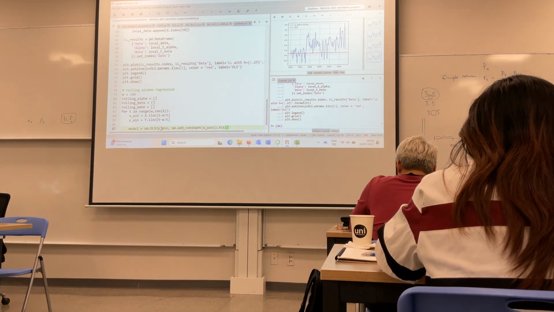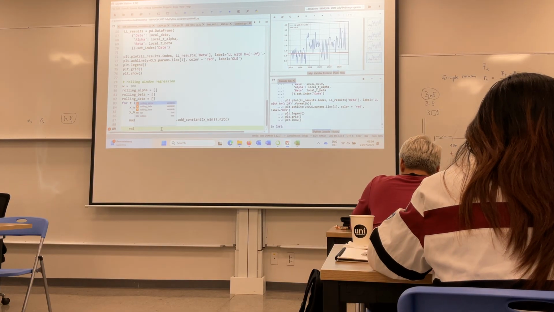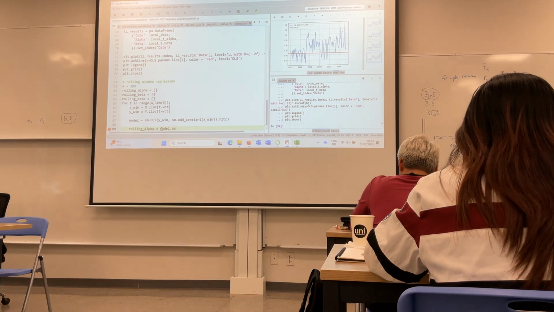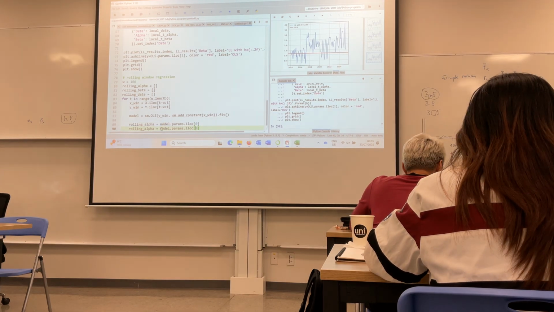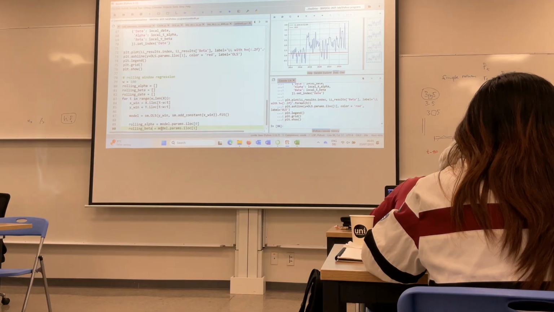So that is what we have. Now we can collect the variables. So here we have the rolling alpha, which is model dot params at 0. Then at 1 becomes the beta. Right.